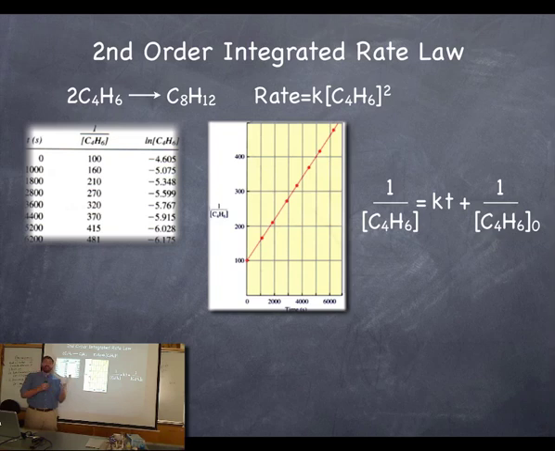So the process is to take the data, graph 3 different graphs, and see which one gives you a straight line. If you graph the inverse of concentration over time and you get a straight line, you say, hey, that's second order. But if it's curvy, you know it's not second order.